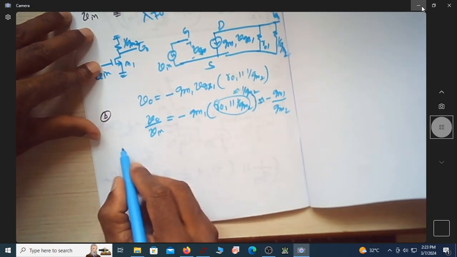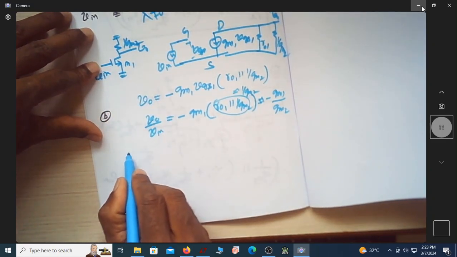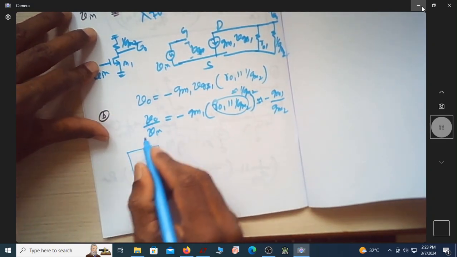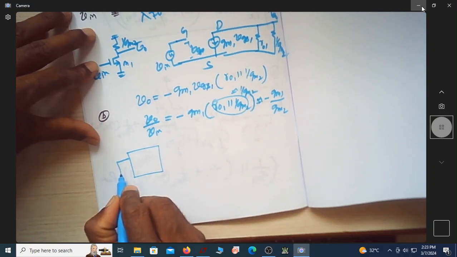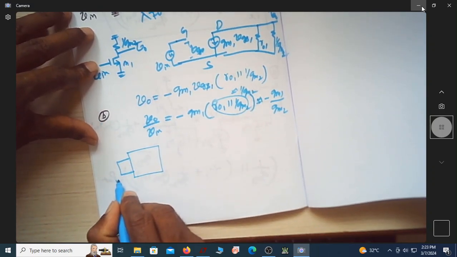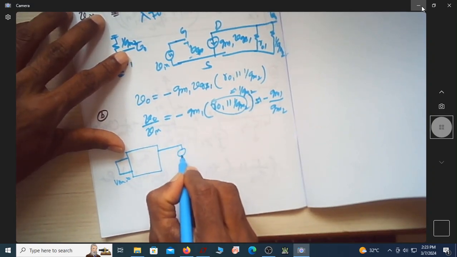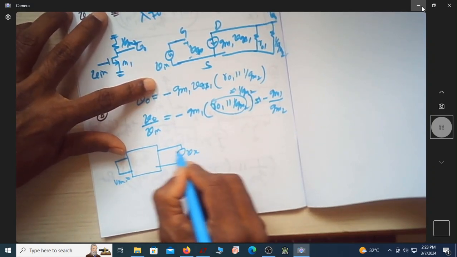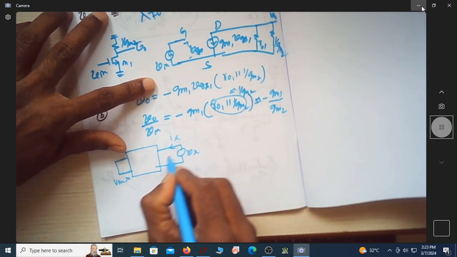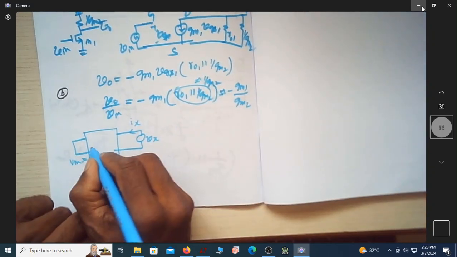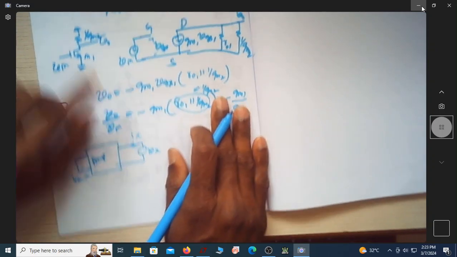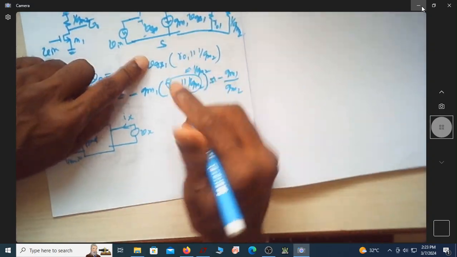To find Rout, we know how to do it. As we saw in the previous video, we make the input 0. This is Vin equals 0. At the output terminal, you apply a dummy source Vx and find out Ix. So this is my amplifier.